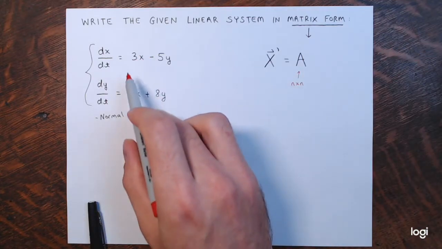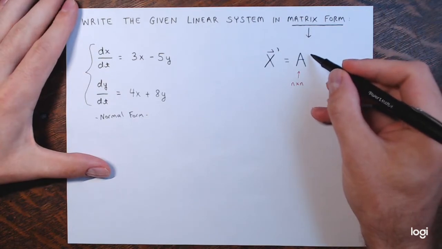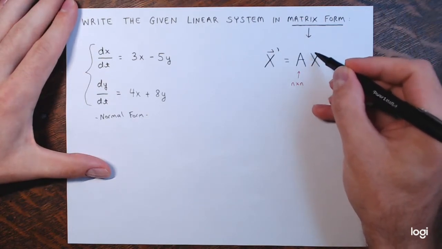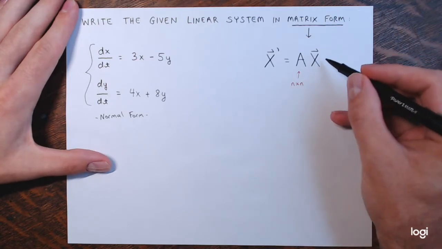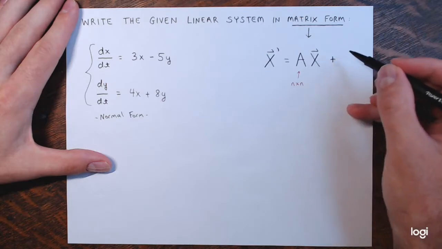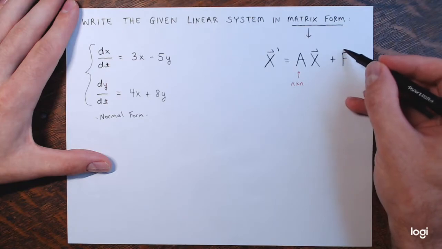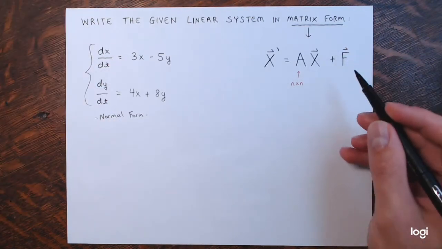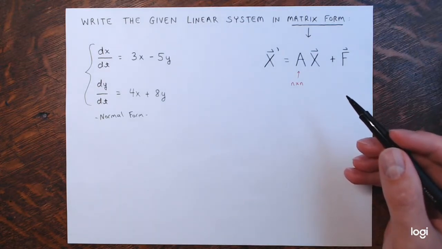In this case, since there are two equations and two unknown functions, x and y, it's going to be a 2 by 2 matrix, multiplied by another vector x. This is the function vector, with x of t and y of t, plus some other vector called f, which consists of functions of t, the independent variable.